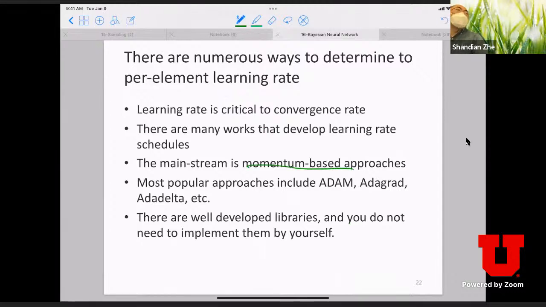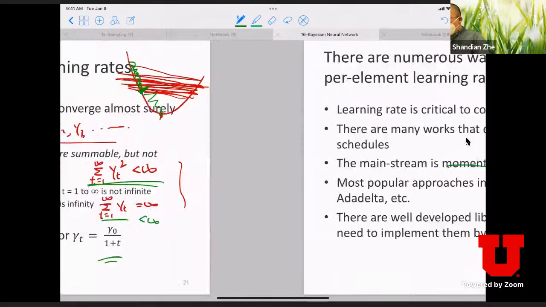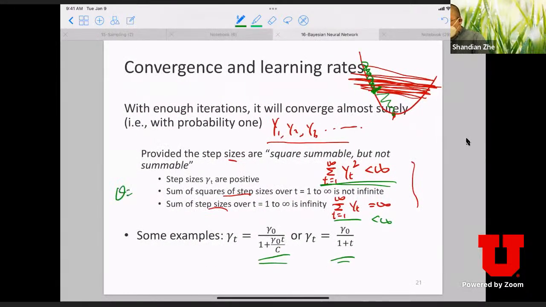They use so-called momentum-based approaches. You can imagine your theta usually is very high dimensional, right? It is a long vector, like a neural network. In a neural network you have a lot of parameters. A deep neural network may have 1 million or 2 million parameters. You don't want to use one step size for every element in your theta vector, right?